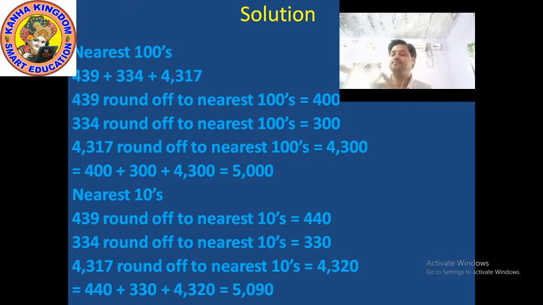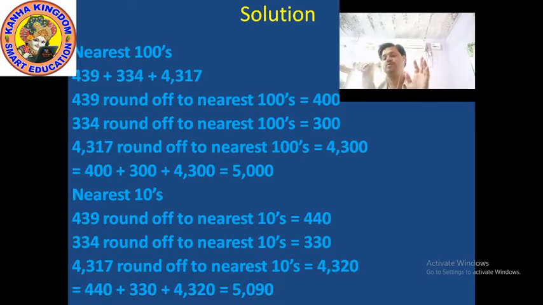So the tens digit and ones digit are converted into 0, and nothing changes in the 100 place. Whatever the digit in the 1000 place, nothing changes. So when you convert 4317 to the nearest 100, it becomes 4300.